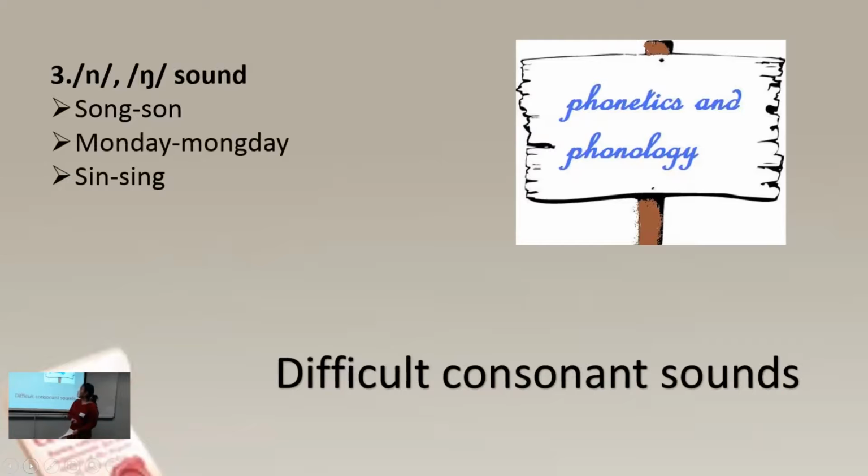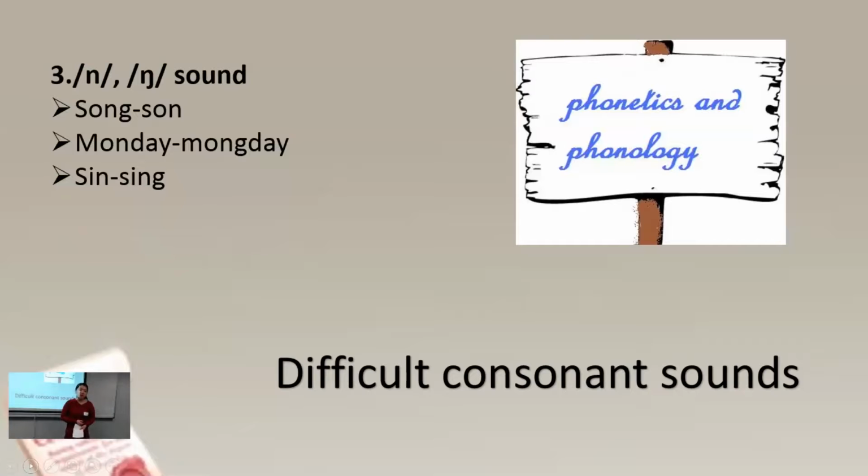And the third part is the two sounds like s and sh. So things like song, or is it your song, or is it your song, which one? Or is it Monday, or is it Monday. Sing and sing. So these two, we do have similar sounds in Chinese as well.